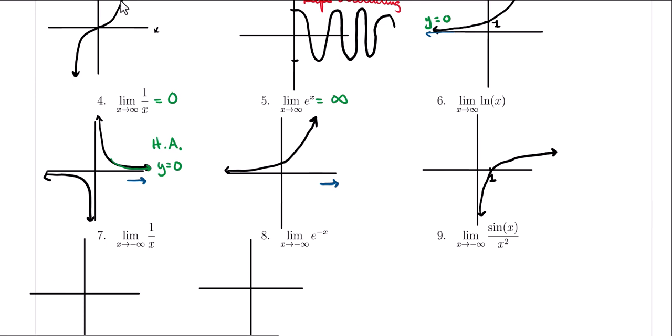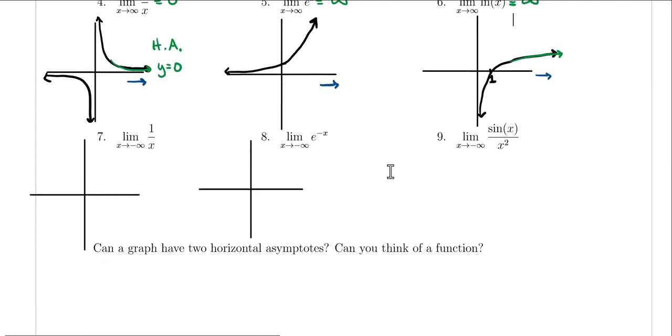Now for this one here, as the x gets larger and larger, your y values keep getting bigger and bigger as well. Now they're increasing rather slowly, but they're still increasing. You don't actually reach a number. So our limit as x approaches infinity for the natural log is infinity, and we do not have a horizontal asymptote.